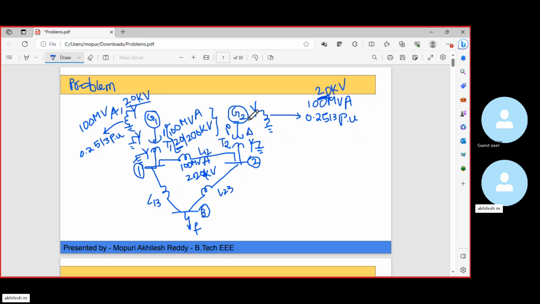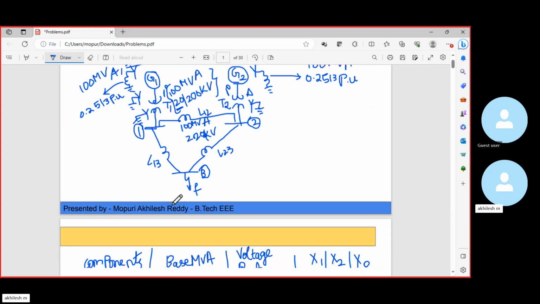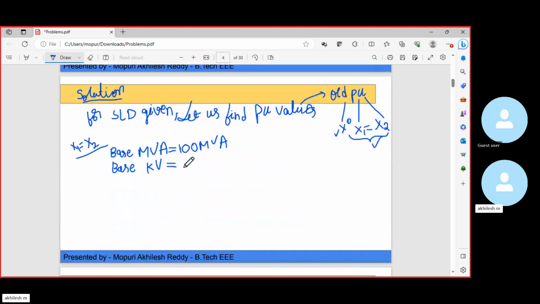So these four components' per unit values will equal the old per unit values. We only need to find the per unit values of the three line impedances. So let me take base kV equal to 20 kV. You can take any values, but I am assuming this so that the process will be simpler.